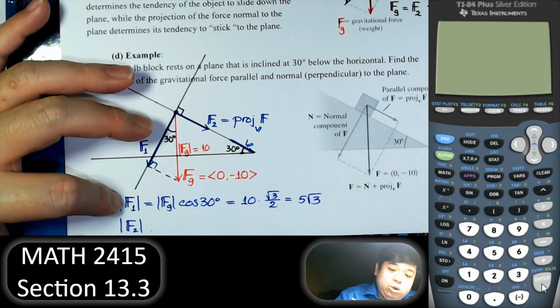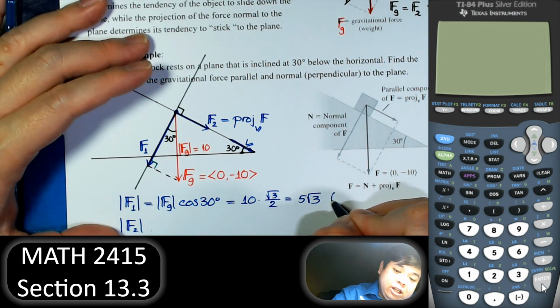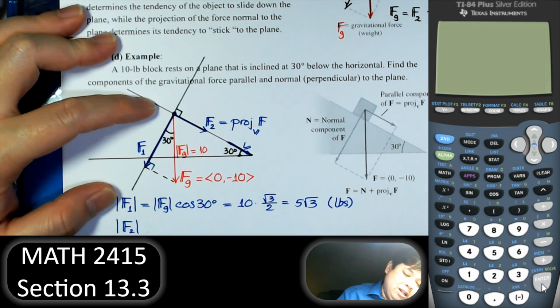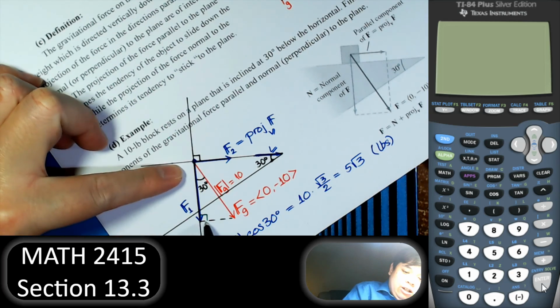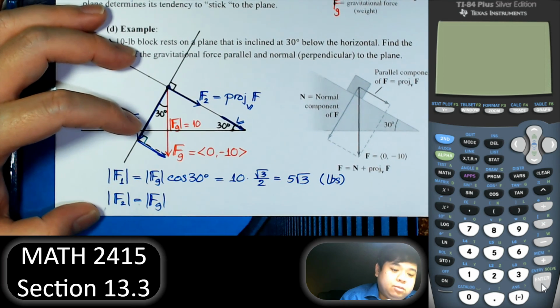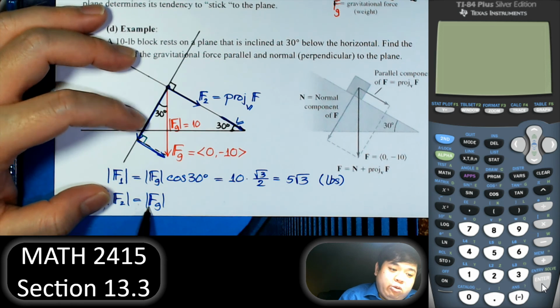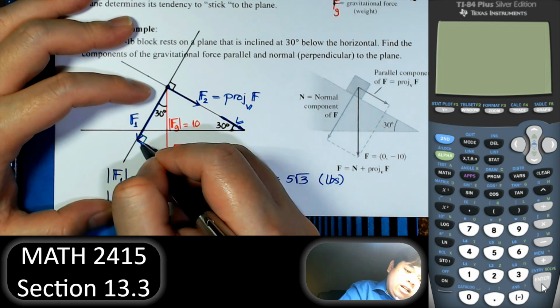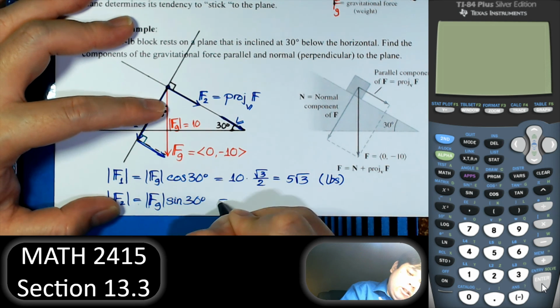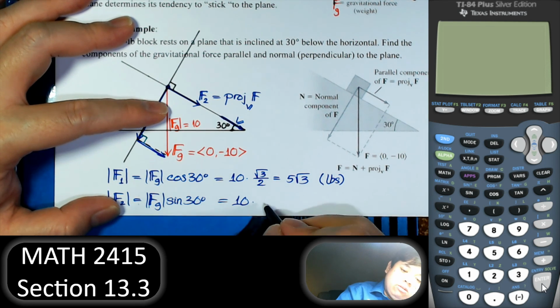That is the magnitude of the force, and we use pounds here, so that's still pounds. And then F2, either this or that, is going to be the gravitational force, 10 pounds, times sine of the angle, since this is opposite to the angle. Sine 30 degrees is 1/2, so it will be 5 pounds.